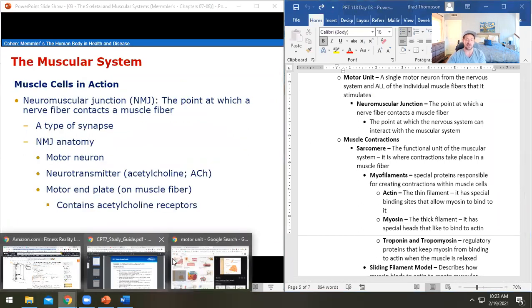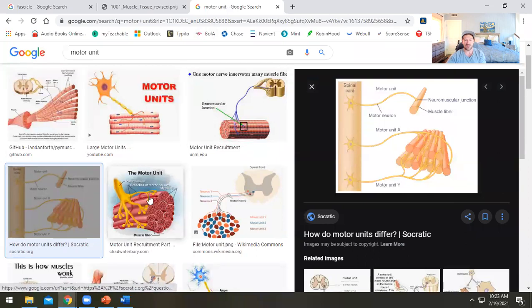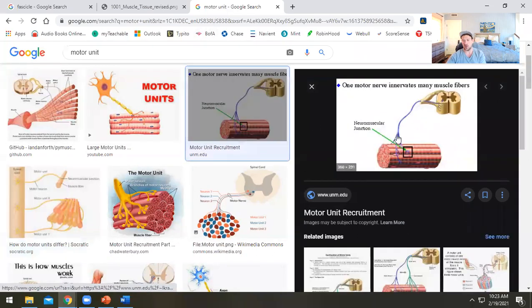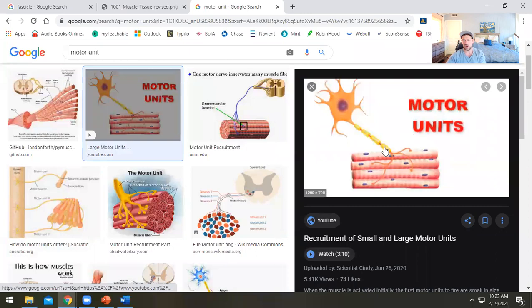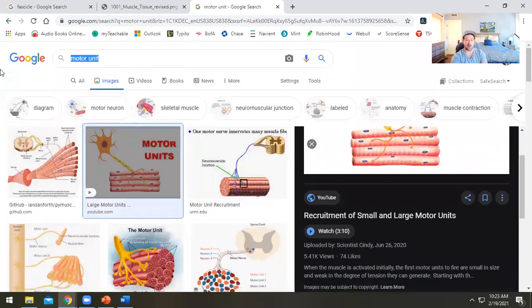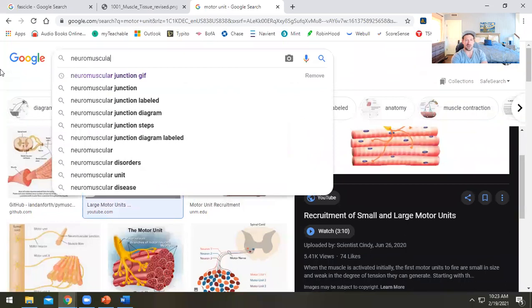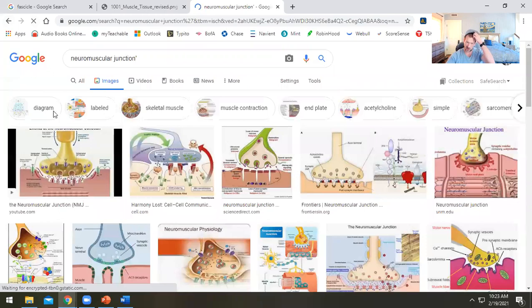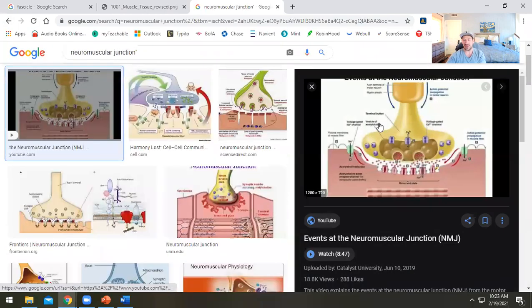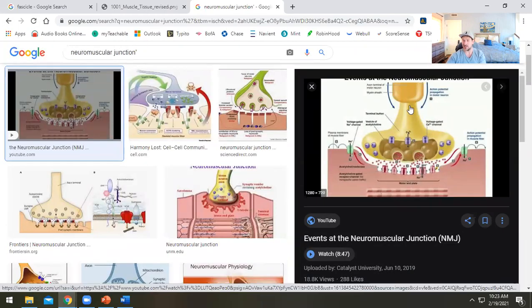Now, the space where these are meeting, there's a little area where the neuron is interacting with the muscle fibers. That space is what we call the neuromuscular junction. Okay, and this is where there's a little gap at the end of the finger of the neuron, right? You can see this is the end of the neuron, and then here's the individual muscle cell.